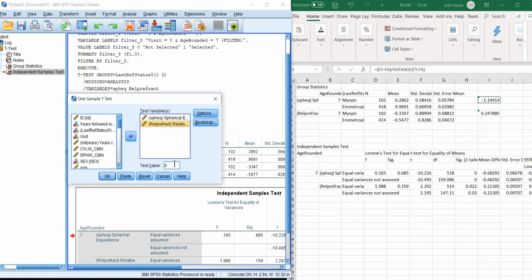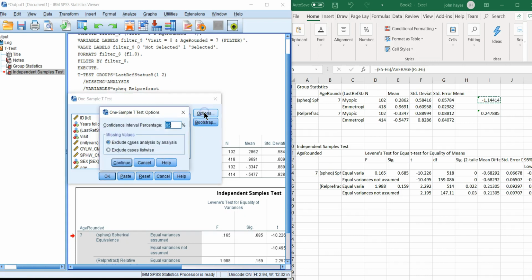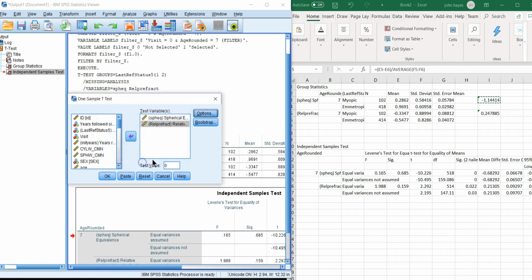Right now we're going to test it at 0. The options give us confidence intervals, a range we could do for that, exclude, analysis, and so forth. And then again we can do the bootstrap.